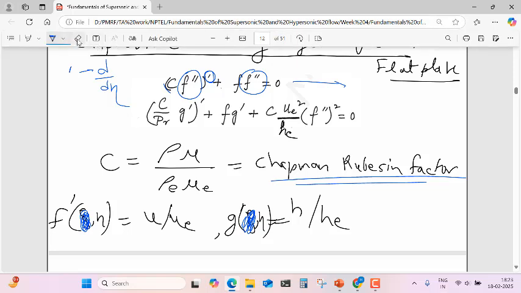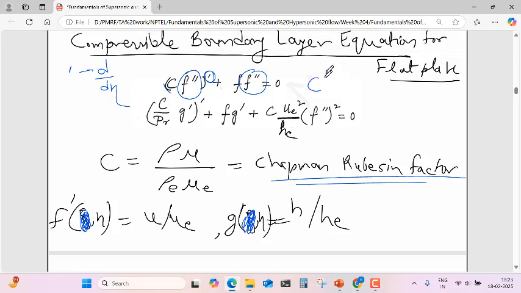Yes, sir. So if we take the derivative, it will be C dash F double dash plus C F triple dash plus F double dash equal to 0.